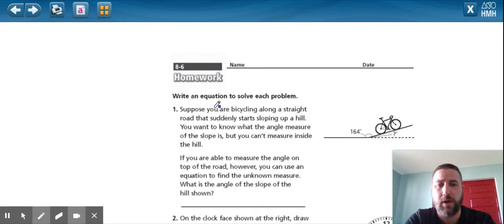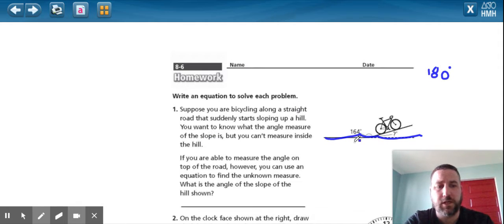So number 1 says to write an equation to solve each one of the problems. The bicycle is going along a straight road, okay? Straight, straight, straight, which of course is ringing out in my brain right away that this is a straight line. So that's 180 degrees, okay? Like what we talked about in the lesson, that's exactly what I'm doing here. There's my key big number, 180 degrees.